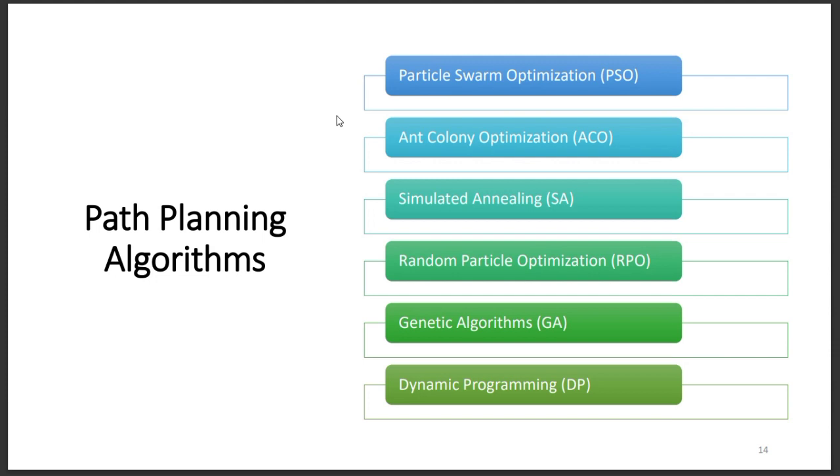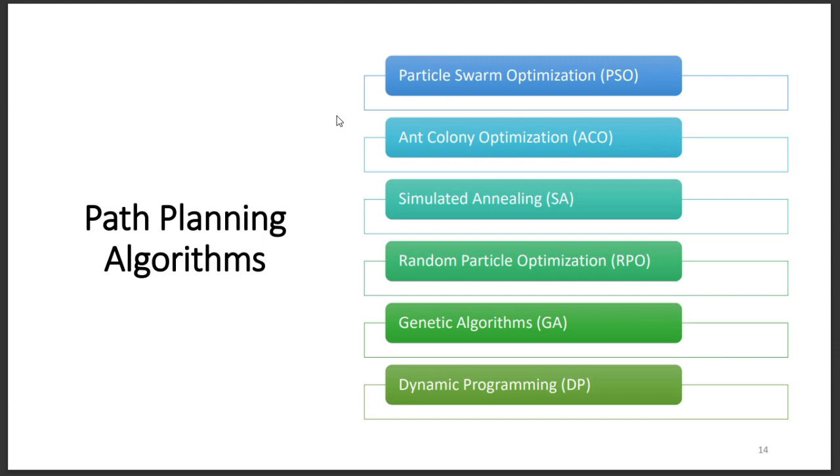Genetic algorithm and dynamic programming. Genetic algorithm is like this: if a poor person marries a rich person, then everything will be balanced, right? If a poor person marries only a poor person in families, then they will remain poor.